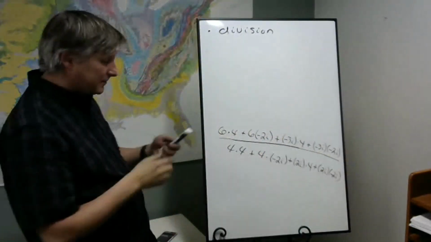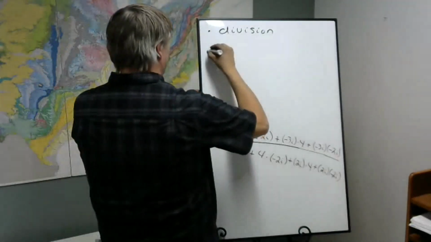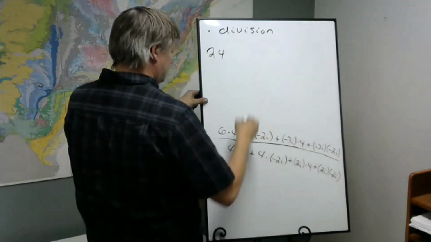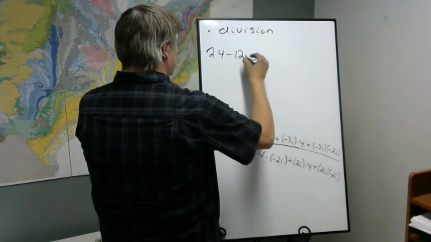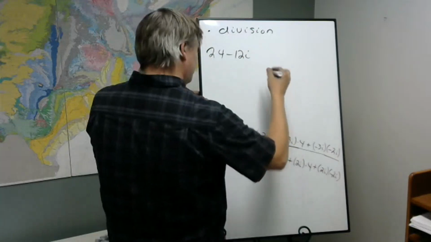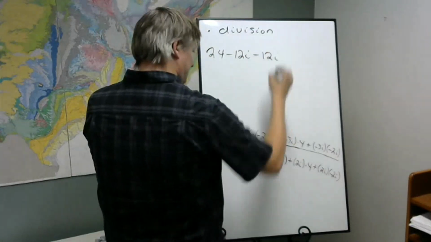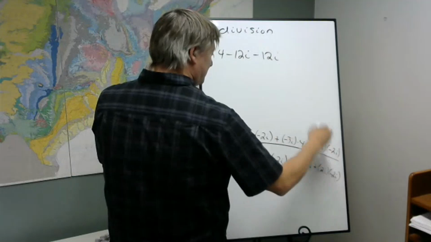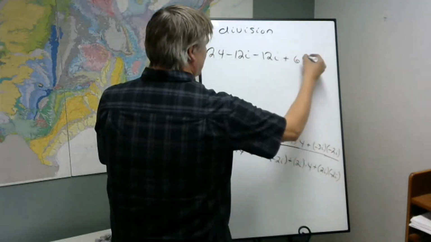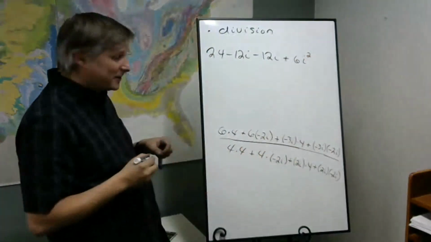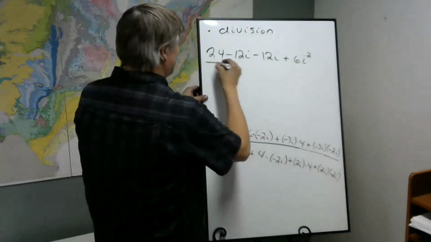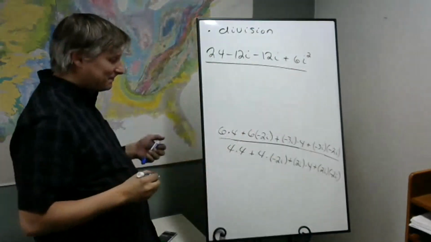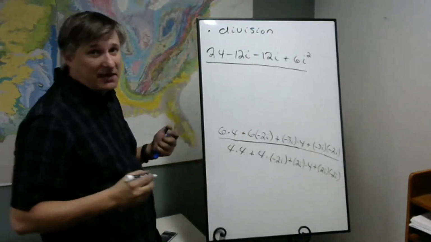So putting it all together, 24 minus 12i minus 12i. And this will be negative, negative is positive 6i squared. On the bottom. Now on the bottom is where we're going to see the i's cancel out.